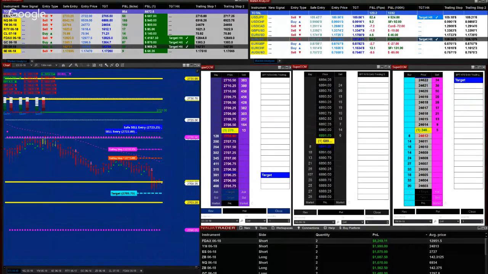Waiting on the pullback. Because when the market is going fast like this, you have to be very fast with your hand, and I don't like it when it goes that fast. I prefer to wait until it comes down a little bit and we have a little retracement, and then trying to find an entry is much better than trying to enter the market when it is going very fast.